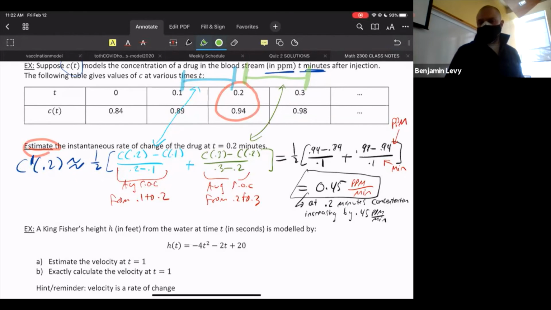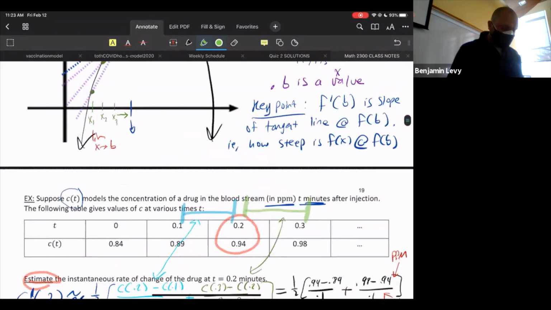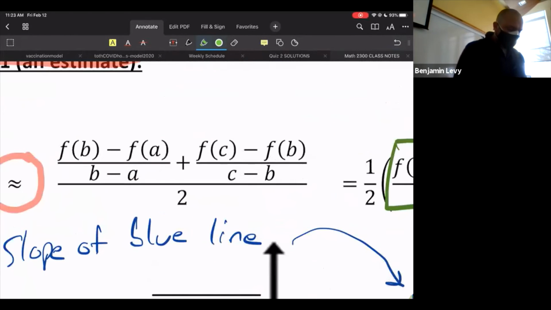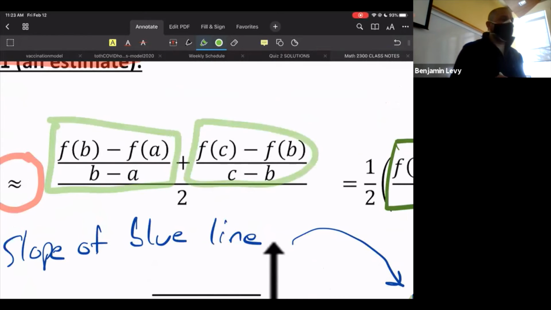Someone said, why is there a 1/2 in front of the equation? Because what we're doing here, this is the best way to think about it. We're taking the average rate of change from two places. One's too big, one's too small, and then we average those two things. When you have two numbers and you want to average them, you add them together and divide by 2. That's what's going on here.